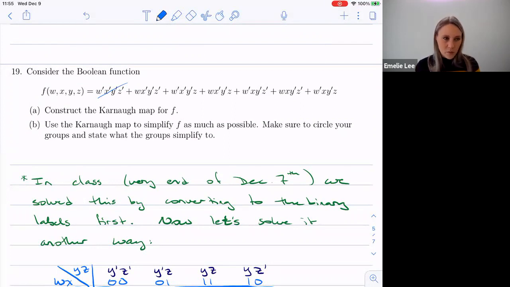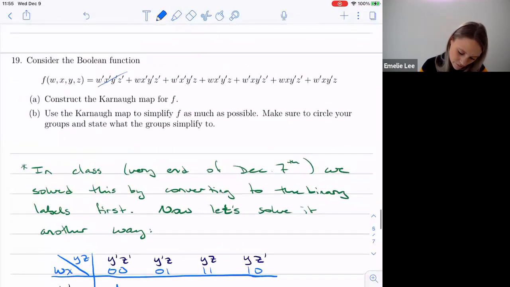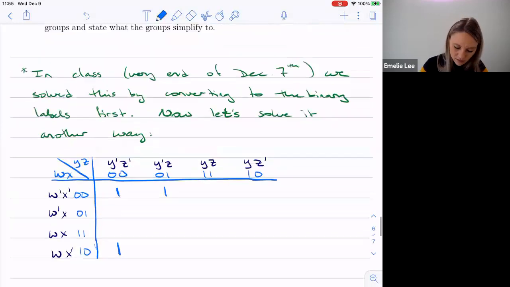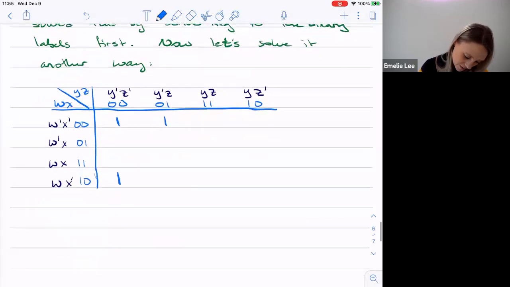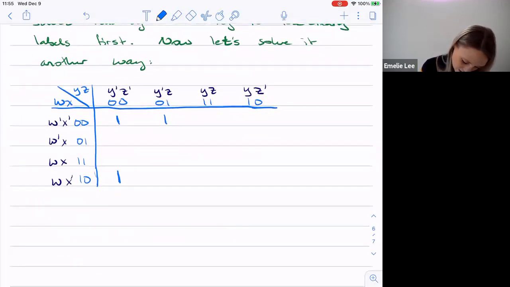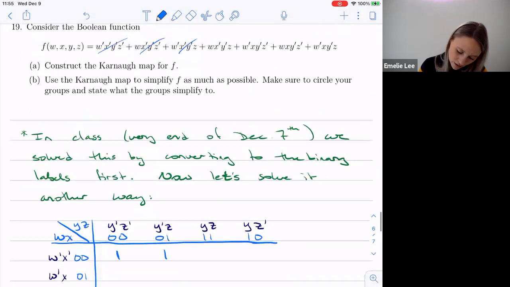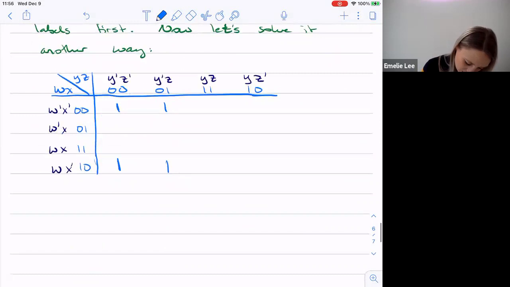W X prime, Y prime, Z prime. W X prime, Y prime, Z prime. W prime X prime, Y prime, Z. W prime X prime, Y prime, Z. W X prime, Y prime, Z. W X prime, Y prime, Z. W prime X, Y prime, Z prime.